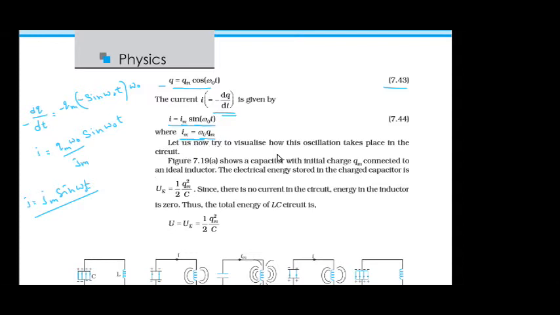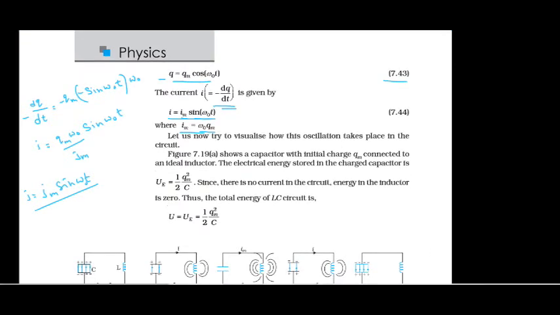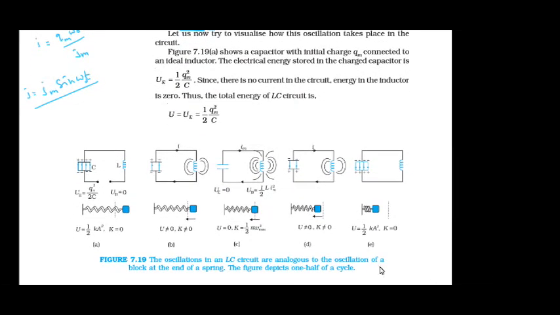Let us now try to visualize how the oscillation takes place in the circuit. Figure 7.19a, so let us see this figure, shows a capacitor with initial charge Qm connected to an ideal inductor.